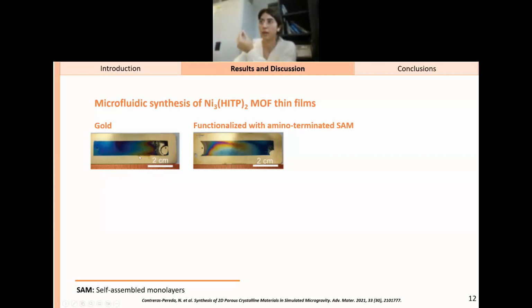The reason for gold was that they wanted a conductive surface. And then they wanted to see if, by introducing these amino-terminated self-assembled monolayers, they could induce some crystallographic or preferential orientation in the formation of the crystals.